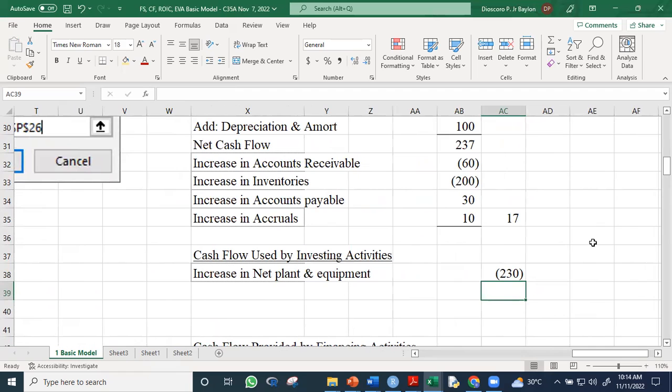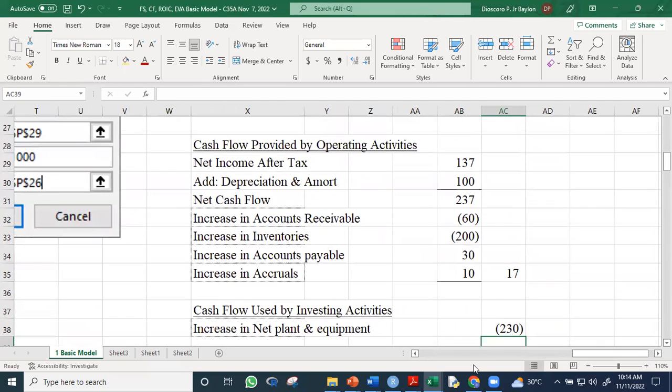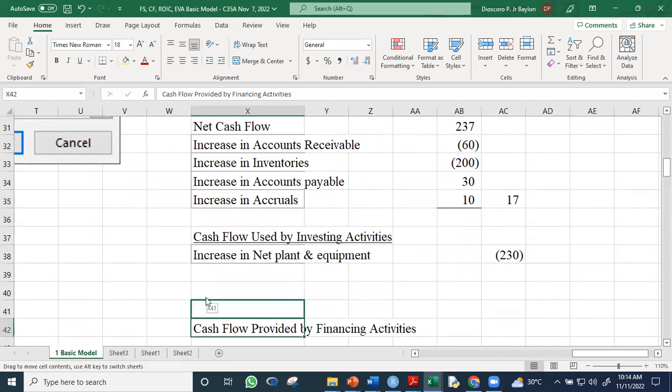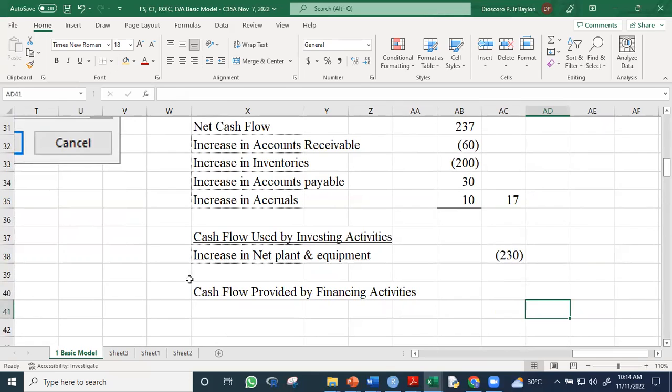Okay. So on this column, all the amounts here, this is your operating, cash flow provided by operating. And then this is cash used by investing. And then lastly, so underline this again.